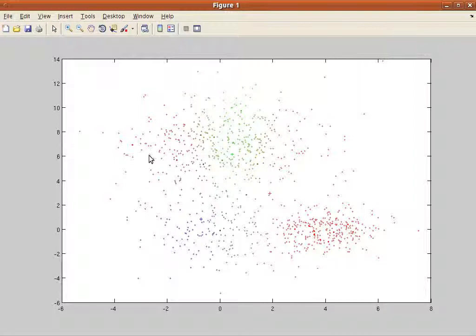Let me just show an example of how this actually works in practice. I already have written MATLAB code with a Gaussian mixture model with three distributions here. You can see these three clusters, and this is the initial mean estimate, arbitrarily picked.